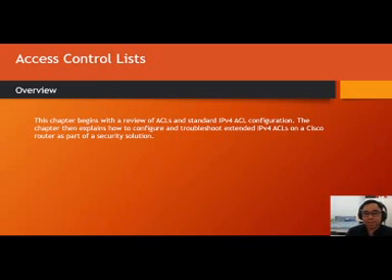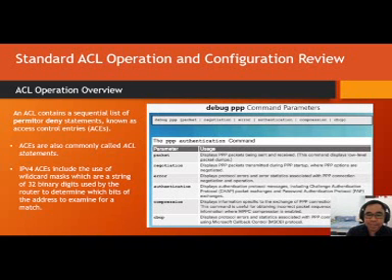Okay, so now we proceed to access control lists. This chapter begins with a review of ACL and standard IPv4 ACL configuration. The chapter then explains how to configure and troubleshoot extended IPv4 ACLs on a Cisco router as part of the security solution. Okay. So, standard ACL operation and configuration review.